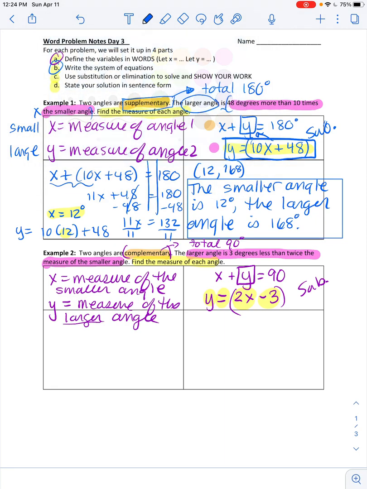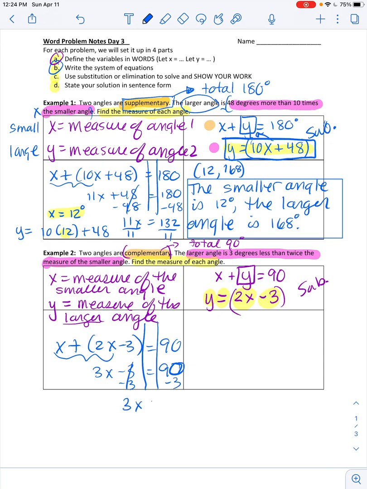So now when I go to solve, I'm going to take my top equation, x plus, and where there used to be a y, I'm substituting in the 2x minus 3. Solving for x, these go together to be 3x. Taking away 3 from that, I have that 3x equals 87.